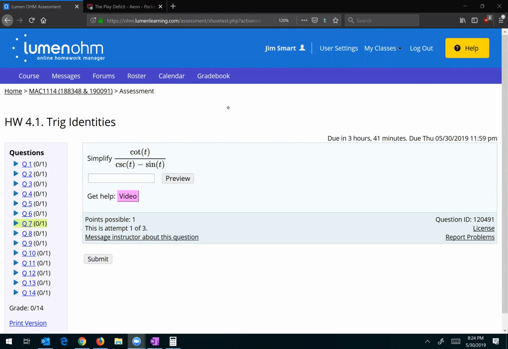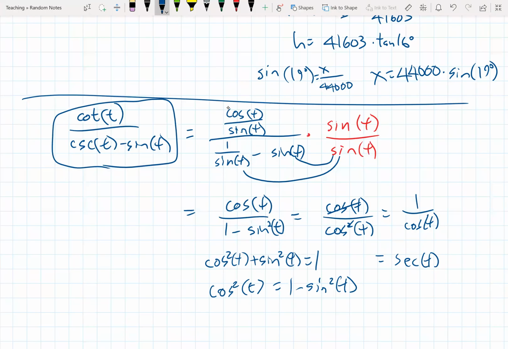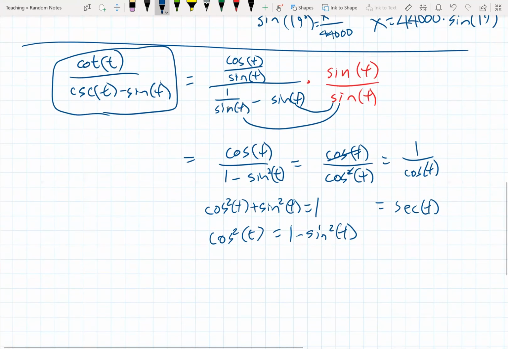You need to know, like what we did on the previous problem, that an easy way to clear out a fraction is to multiply top and bottom by the common denominator of your fractions, and that'll clear out all your fractions.